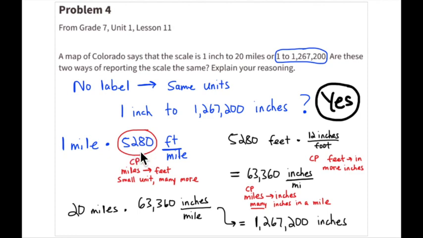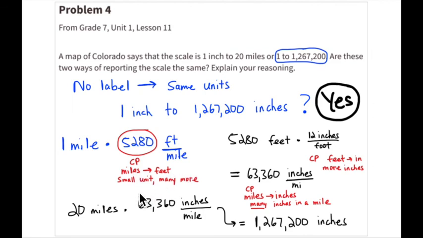There are 5,280 feet in a mile, so somewhere you have to know that. Look it up, figure it out, because I don't think it's given to you anywhere else in these pages. So 5,280 feet per mile, that is the constant of proportionality. So miles are big, feet are small.